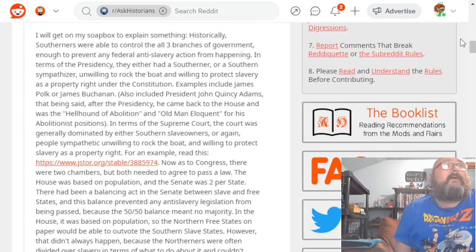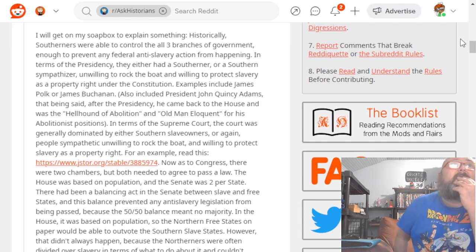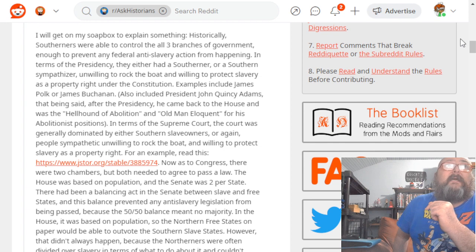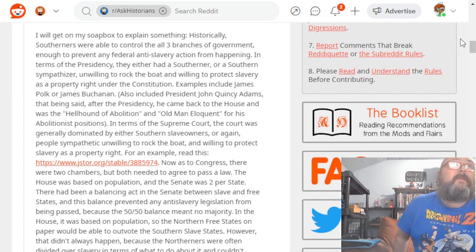I will get on my soapbox to explain something. Historically, Southerners were able to control all three branches of government enough to prevent any federal anti-slavery action from happening. In terms of the presidency, they either had a Southerner or a Southern sympathizer unwilling to rock the boat and willing to protect slavery as a property right under the Constitution.